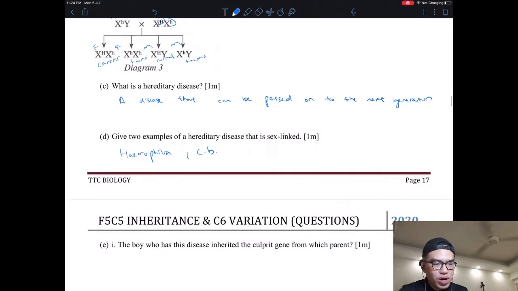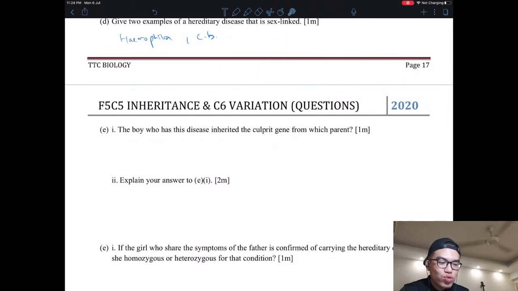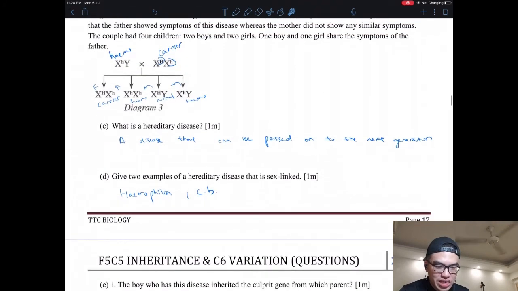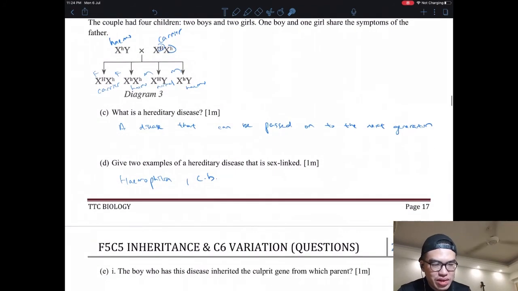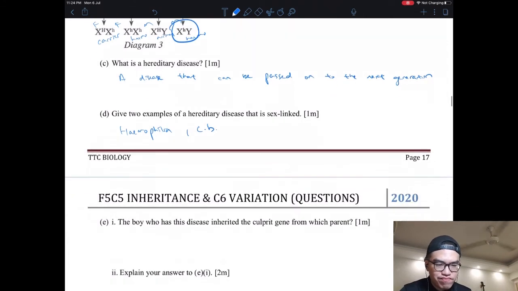So, the boy who has this disease inherited the culprit gene. Who causes it? From which parent did he get the X^h?